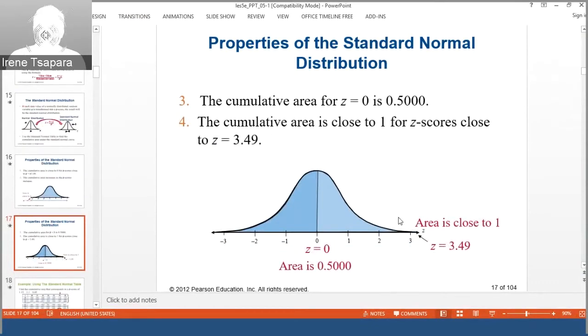The cumulative area for z equals 0 is exactly 0.5, or half, for the mean. So z equals 0 means the probability for the x to be less than or equal to 0. But 0 is the mean, and because the distribution is symmetric, this means that the probability will be exactly 1/2.